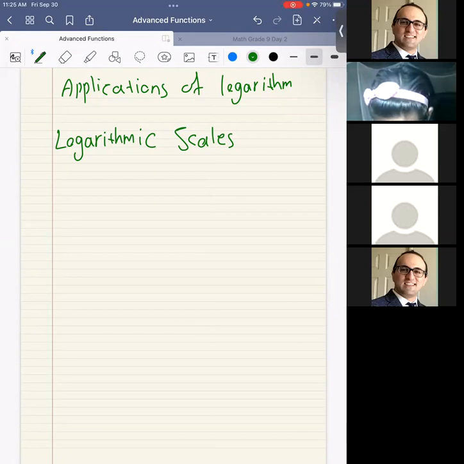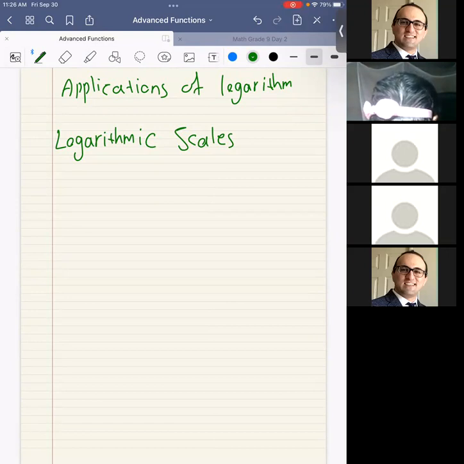In certain situations, if you want to measure some quantities, for example the intensity of earthquakes, or the pH in chemistry, like acidity or alkalinity, or the intensity of sound, we usually use logarithmic scales.